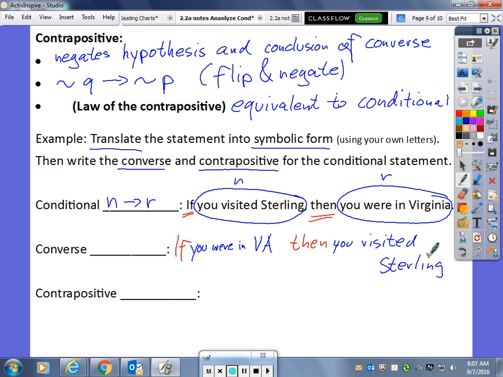Let's use our symbolic notation. You were in Virginia is R. So R comes first, R, arrow, N. We flipped, we moved the hypothesis and the conclusion. And now, remember the contrapositive negates everything about the converse. That's why we did the converse in the first place, to help us out here.